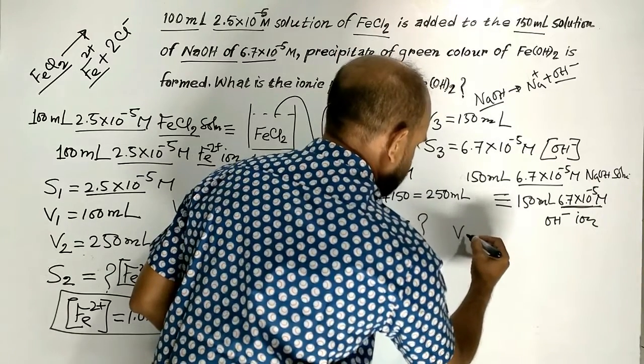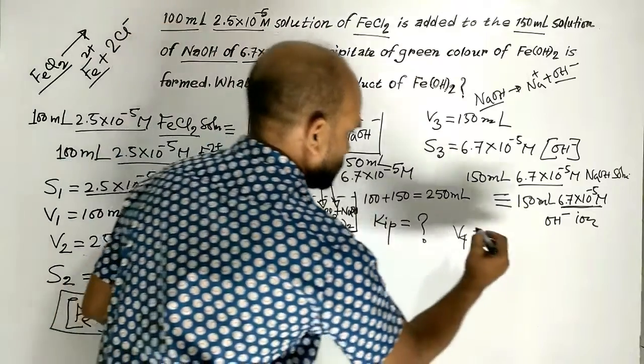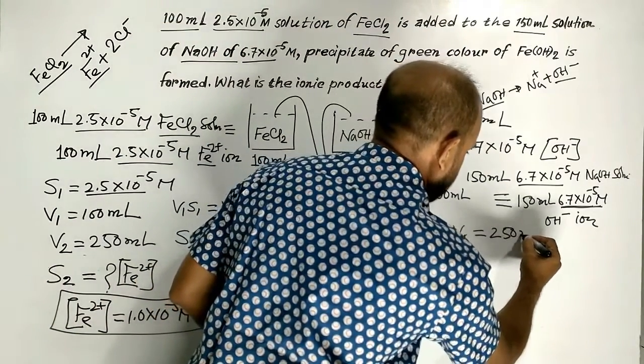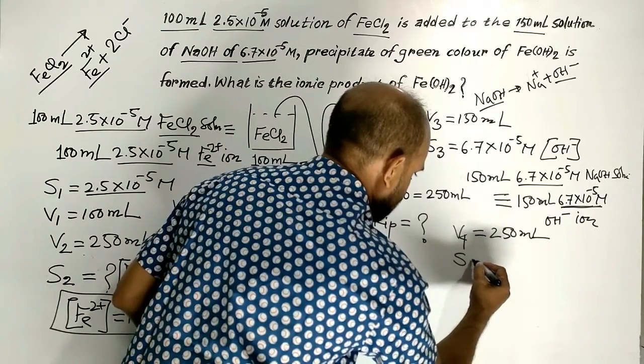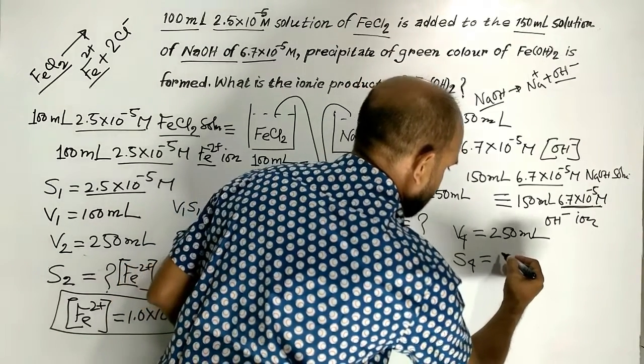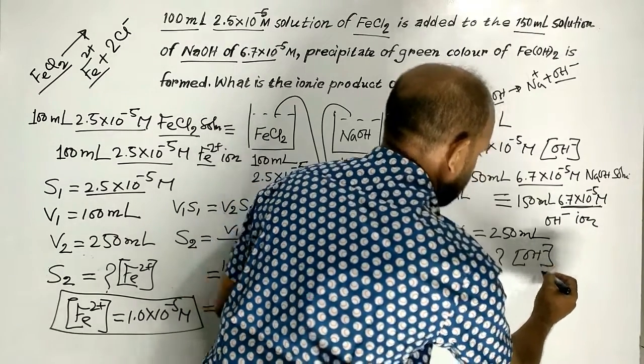After mixing, V4 is 250 milliliter, and what is the concentration of hydroxide ion after mixing? We have to calculate it.